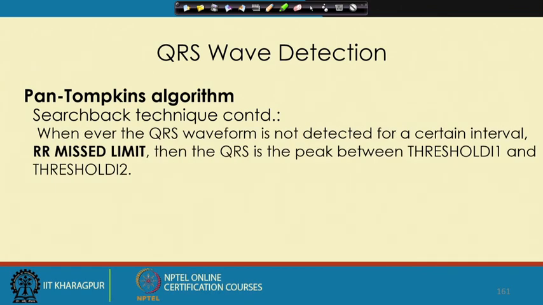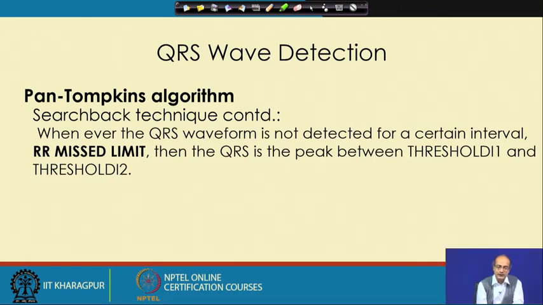So, as a part of it, whenever the QRS waveform is not detected within a certain interval, that is called the RR missed limit, then the QRS peak between the threshold 1 and the threshold 2 is taken. In fact, the first part is imperative, we call it missed because there is no peak above the threshold 1. Okay.